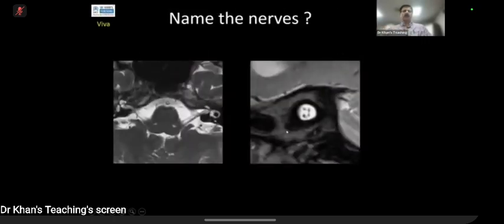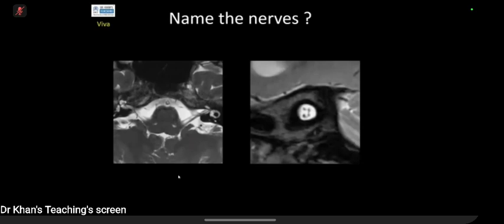So candidate 2, name this nerve. You can't unmute. Okay, let me help you. Yeah, so that's the facial nerve. Right.